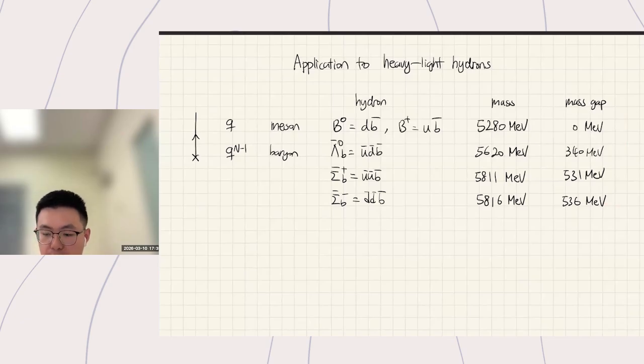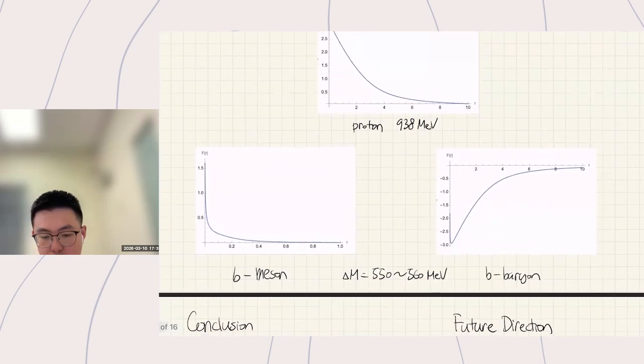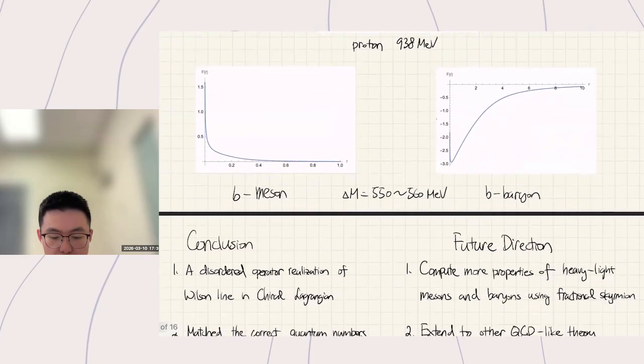But strictly speaking, I think we should compare it with this one, not this one. So it's still a bit off because I'm evaluating the lightest configurations in the heavy-light baryons. But anyway, this is a number produced from the numerics, and it seems to, at least roughly speaking, agree. But what's the logic here?